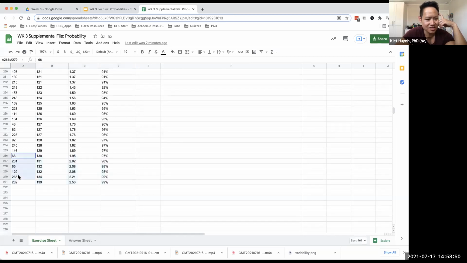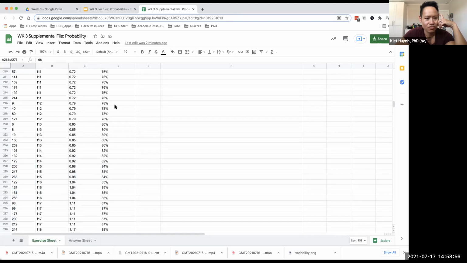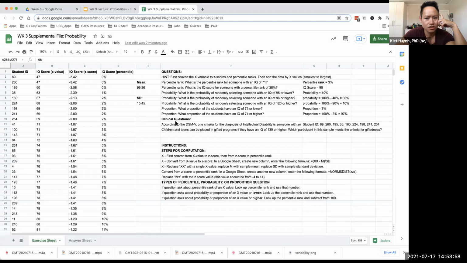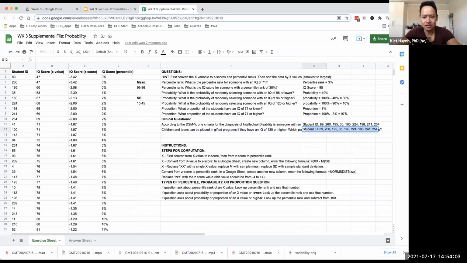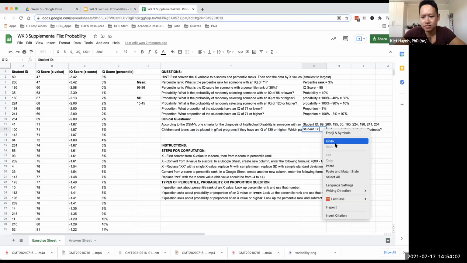And this is the student ID number. Copy, and go back. Paste.